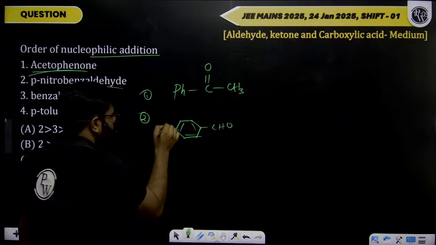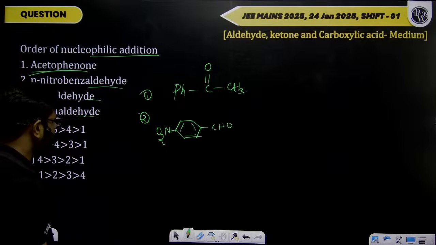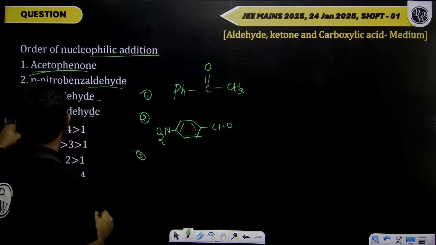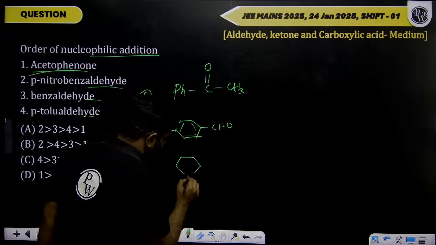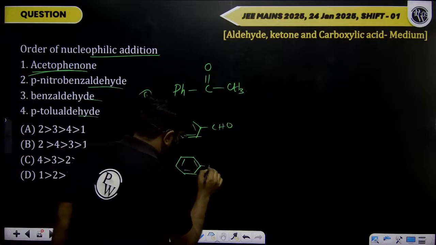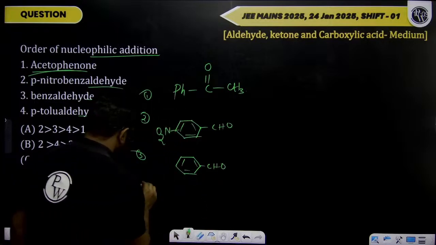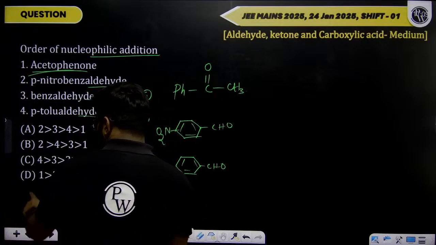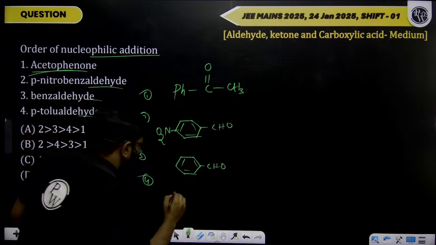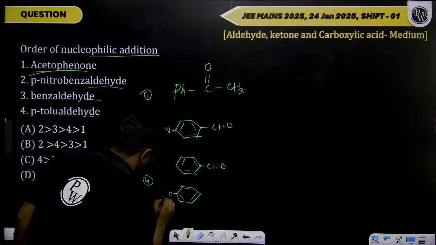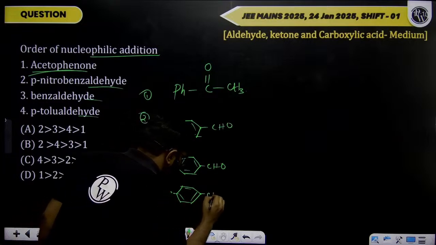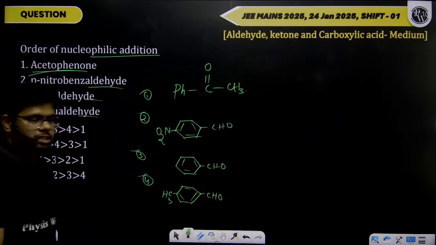This is para-nitrobenzaldehyde, 2. Third, they have given benzaldehyde only. Fourth, they have given para-tolualdehyde. That means the structure is here CH3 and here it is CHO. That is the structure.